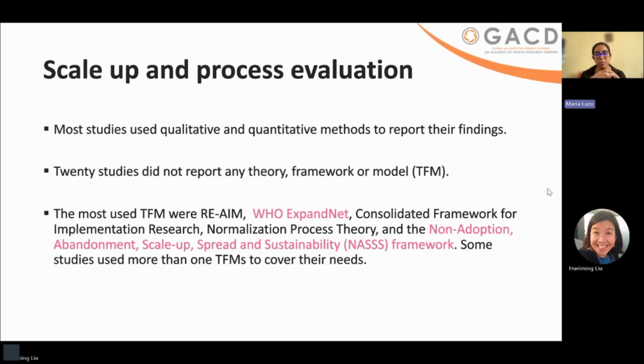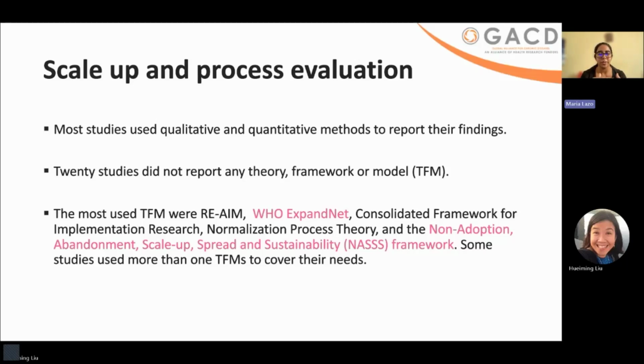From this list, 2 of them are more specific about scale-up. For example, the WHO ExpandNet has an implementation mapping tool, a methodology that offers guidance for discussion and reflection, followed by planning for needed adaptation or other actions, while at the same time they create a record that explains how a scale-up was implemented and results were achieved.